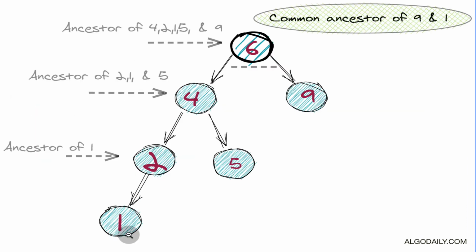So in this example here, if we were to try to find the lowest common ancestor of 1 and 9, we would find the path from 9 up. From 9 up to the root, it's just 9 and 6. Then we would do the same thing for 1, and trace upwards. Starting at 1, we go to 2, then 4, then 6.